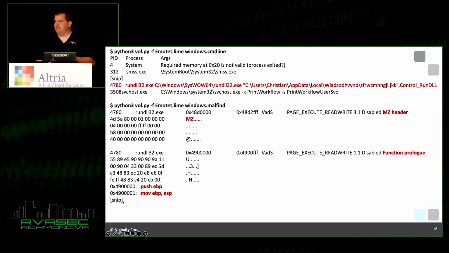I have the snip here because I had to cut out all the other regions that were injected as well. But it's telling you there's a memory-only DLL here, so the MZ header that starts the executable. And then it's saying there's a function prologue, so it's finding shellcode right away. So again, you have 1,000 memory samples you have to get through. Malfind just points you right to the particular processes inside of all those samples that are infected.